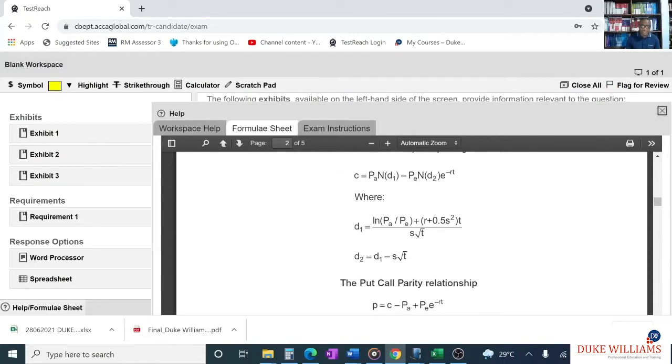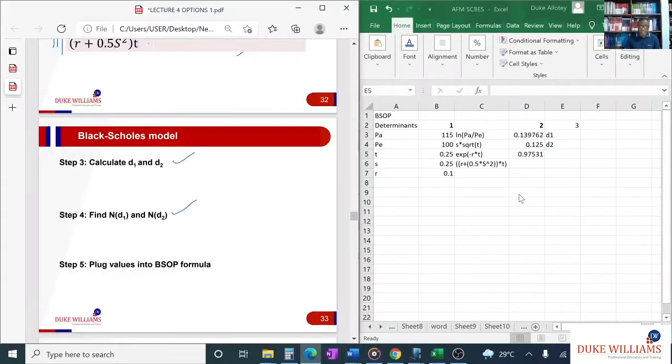So it says my D1 is this bit that I have calculated. So I have all these three components. All I need to do is to add them and divide by the S root T, and I'll have my D1, and then I can find my D2 as well. So let's just go and deal with that.